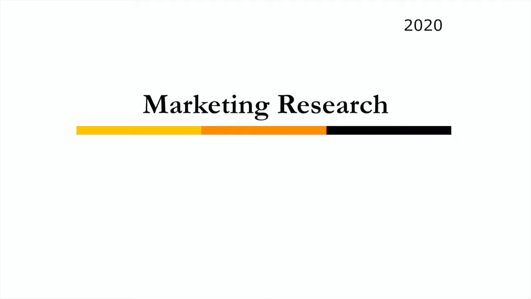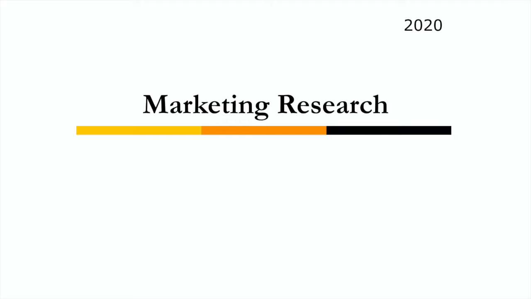Basically what you have to understand is what is marketing research, why marketing research is important, which means the importance of marketing research, and the third important topic, which is very relevant for the marketing student, the steps involved in conducting marketing research.